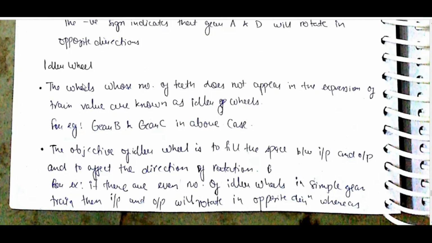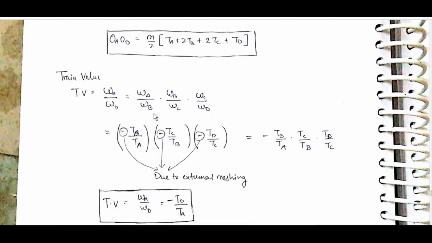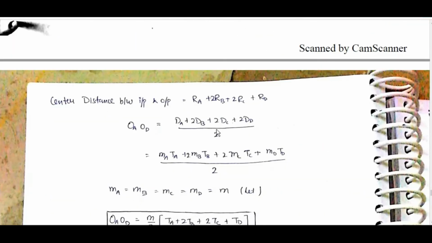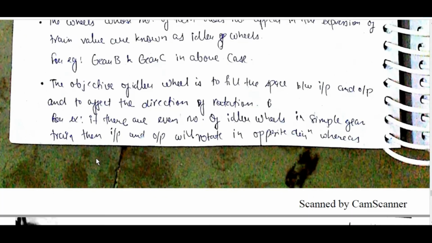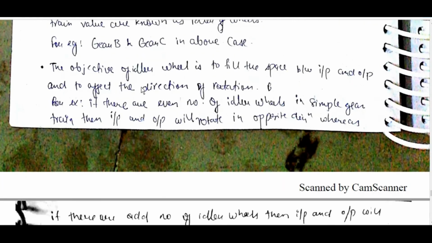Idler wheel: the wheels whose number of teeth does not appear in the expression of train value are known as idler wheels. Here B and C are idler gears. The objective of an idler wheel is to fill the space between input and output and to offset the direction of rotation.